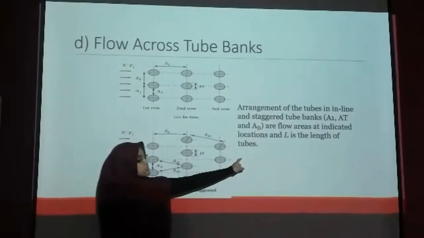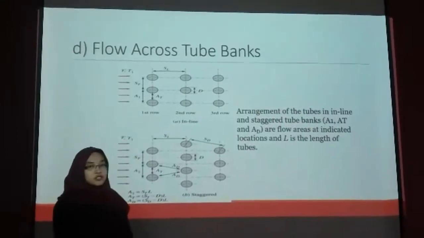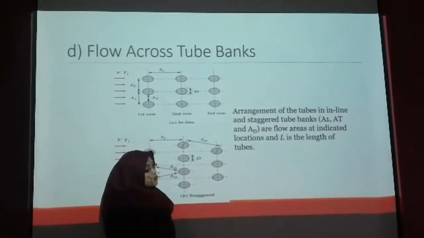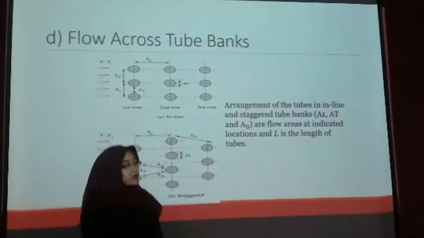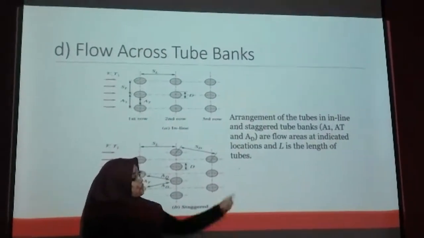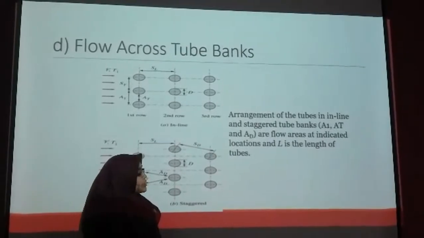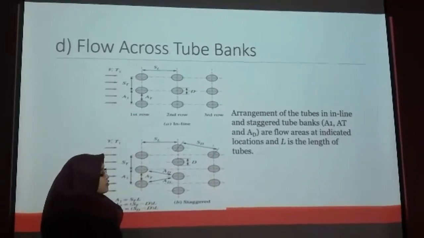This is the explanation for flow across a tube bank, which is an arrangement of tubes in-line and staggered tube banks. A1, AT and AD are flow areas at the indicated locations, and L is the length of the tubes.